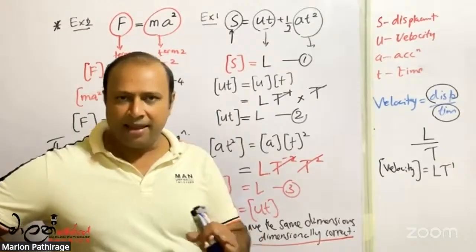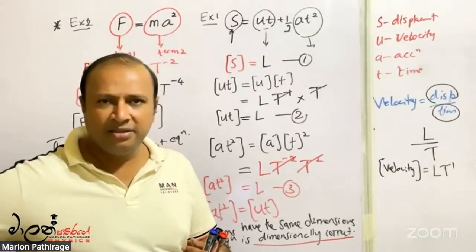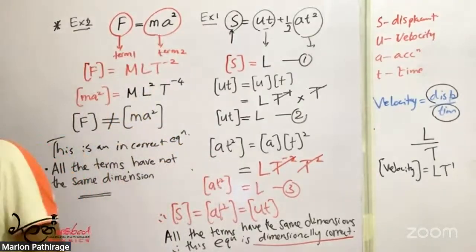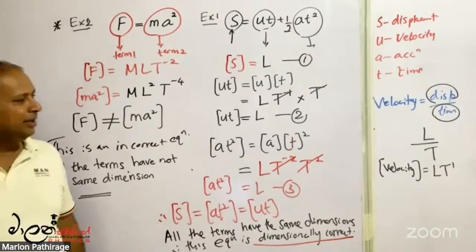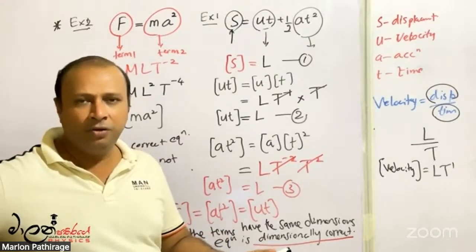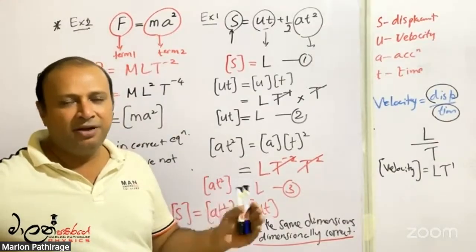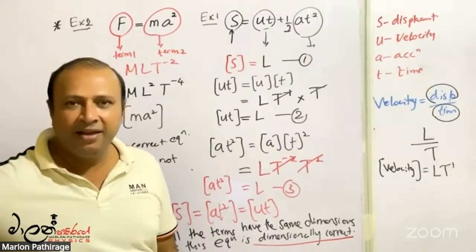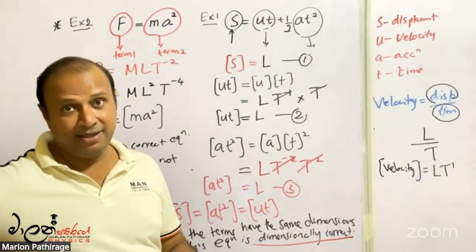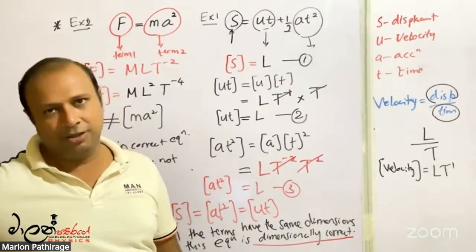As an example, angles do not have dimension, but they have a unit. Angles may have a unit, but they do not have dimension. Therefore, we cannot write the dimension by referring to the unit, because some physical quantities have a unit but do not have a dimension.